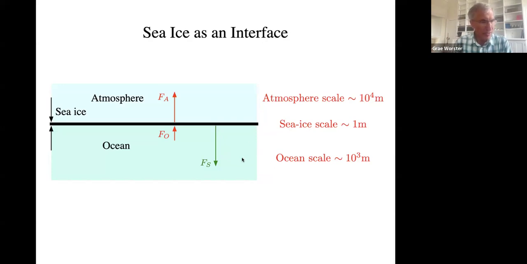And then in the polar regions, like the Arctic basin that we've just been looking at, these two large fluid regions are separated by this very thin layer of sea ice. I'd say the typical sea ice scale is about 1 meter. So many, many orders of magnitude less than, thinner than the atmosphere or the ocean that bound it.